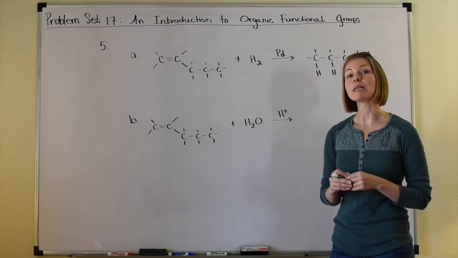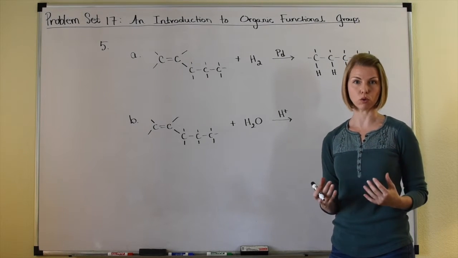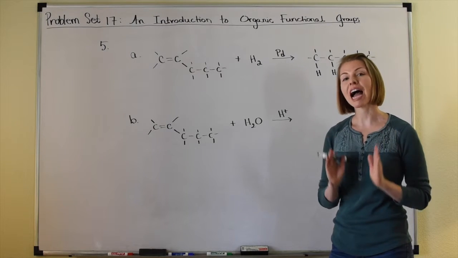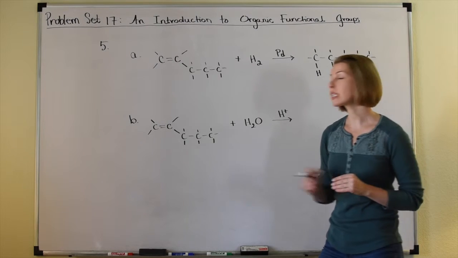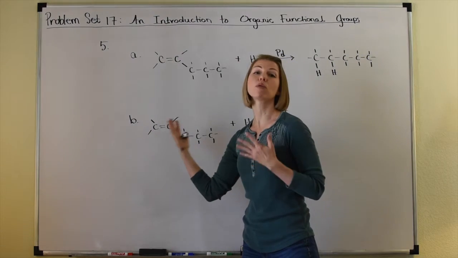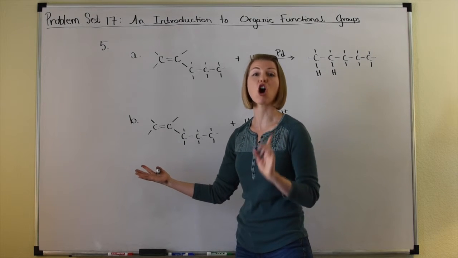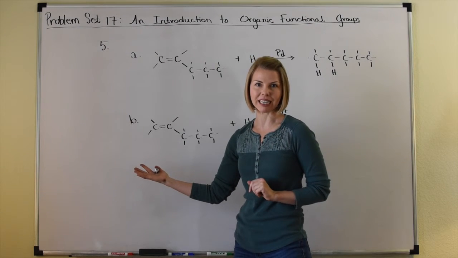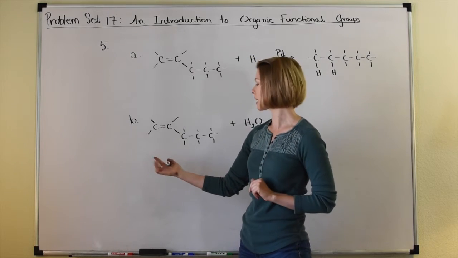Remember that the mechanism is going to follow Markovnikov's rule. That is, the hydrogen of the H2O is going to add to the side of the double bond that has the most hydrogen already, thus creating the most stable carbocation intermediate, which in this case would be a secondary carbocation intermediate.